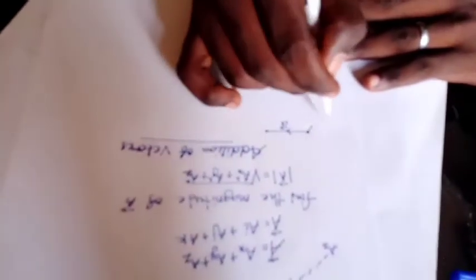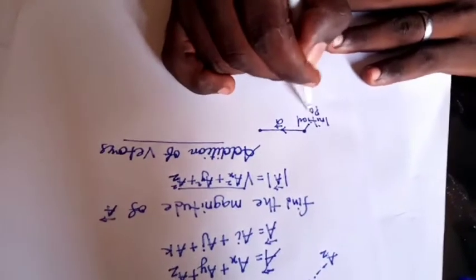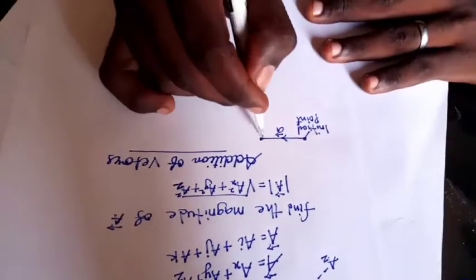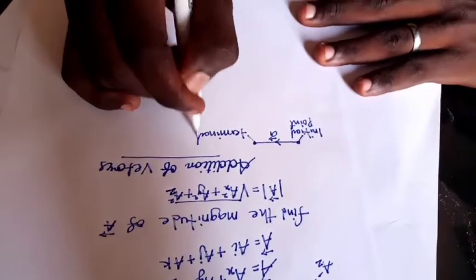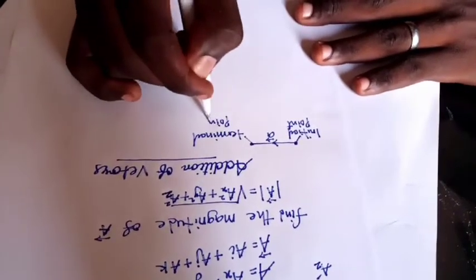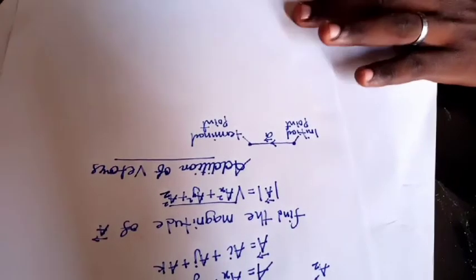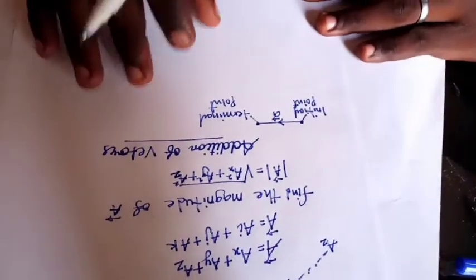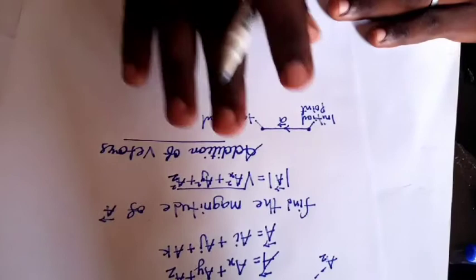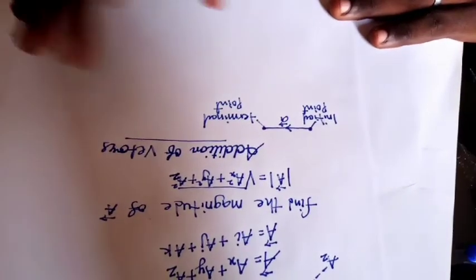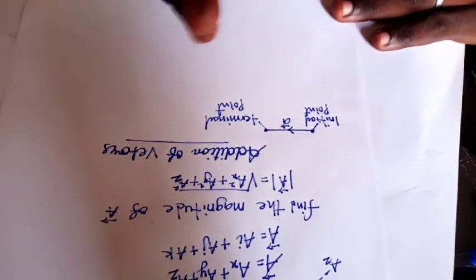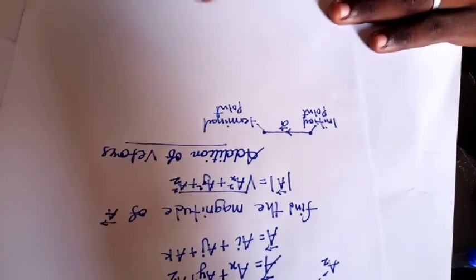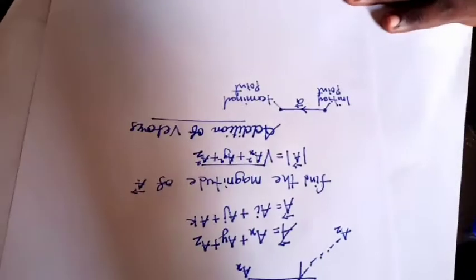It's going to have the initial point and the terminal point. These are the two reference points of a vector. Now, what does this have to do with the addition of vectors? For you to add two vectors together, the two vectors must satisfy this condition.